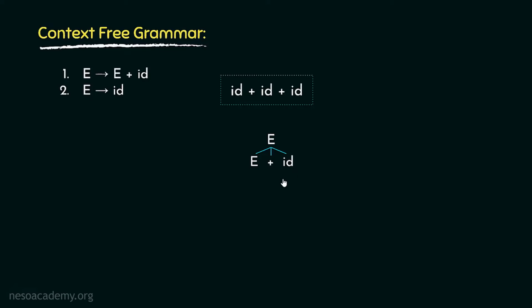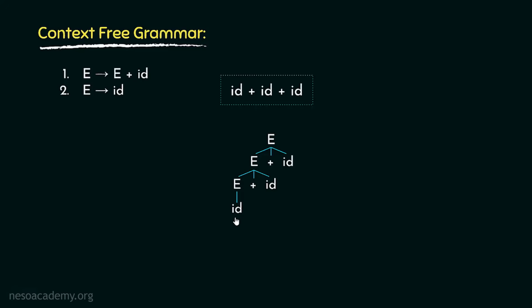Clearly, only this E is expandable. So in this string, we have derived this portion plus an ID, and we are yet to derive this. Now again applying the first rule, we derive E plus ID. Now we have derived the portion plus ID plus ID. Finally, we will derive ID from this E using the second rule.